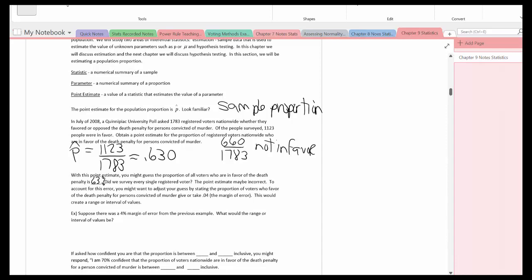So if we did this 4% margin of error, it would look like this, because it could be plus or minus 0.04.